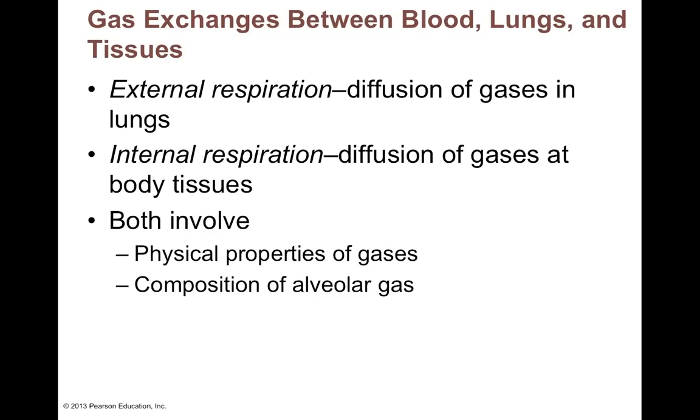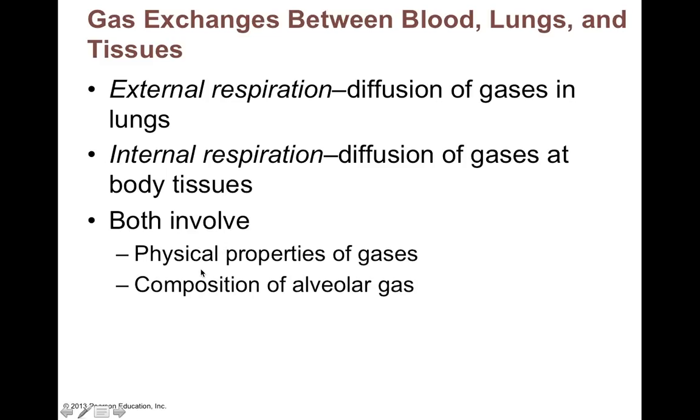And you've got to have both, right? Because that's the whole point of this process. You're trying to absorb oxygen from your atmosphere. Your blood is going to deliver that oxygen to the tissues via internal respiration, because the oxygen is going to leave your blood and go into the tissue, right? So you need both internal and external respiration for adequate homeostasis.